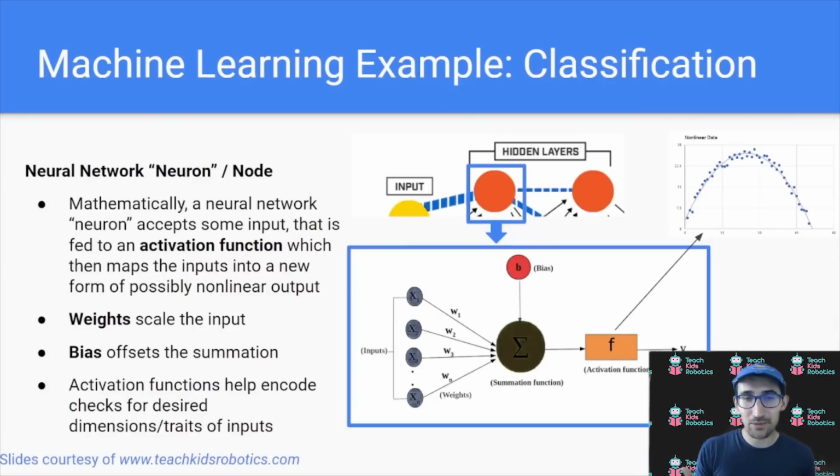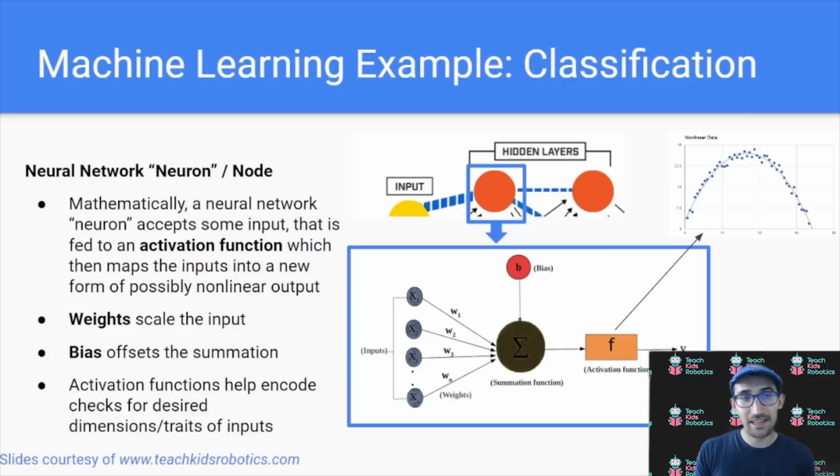Effectively, this is just a fancy way of saying that given some data input, that could be a number, it could be a 1 or a 0, it can get mapped into an output of a higher degree or dimension. So we can get basically additional information out of this original input.